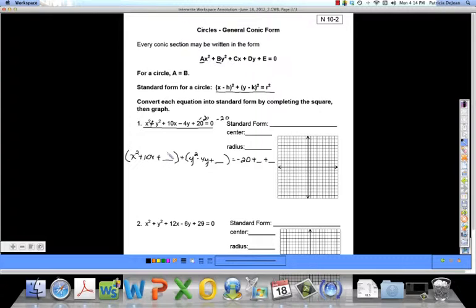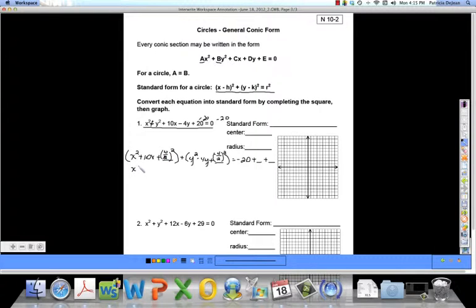So remember, what we put in here is 10 divided by 2 squared, okay? And what we put here is negative 4 divided by 2 squared. Okay, so in other words, what goes in this blank is 5 squared.